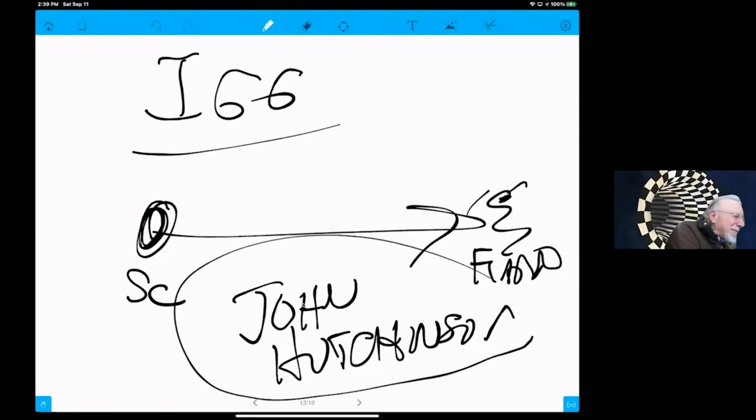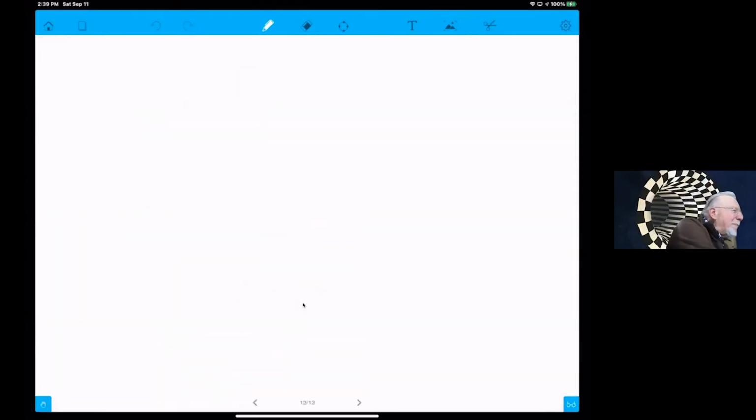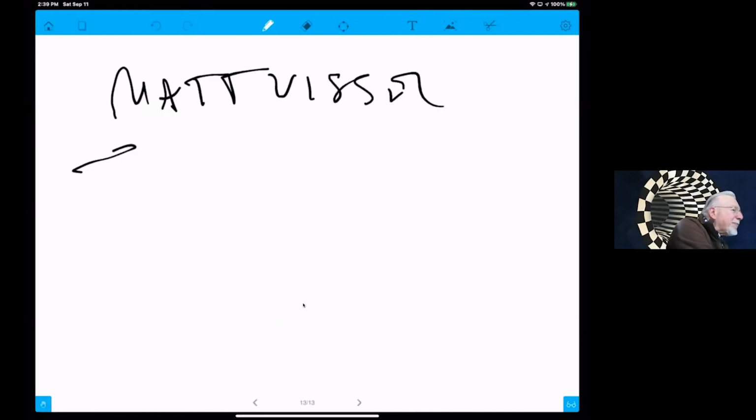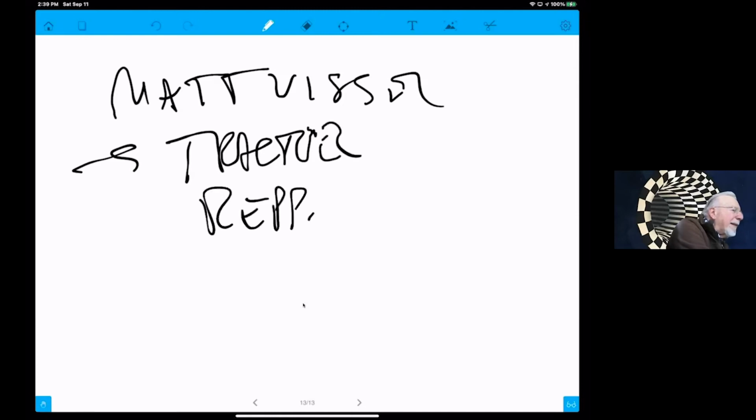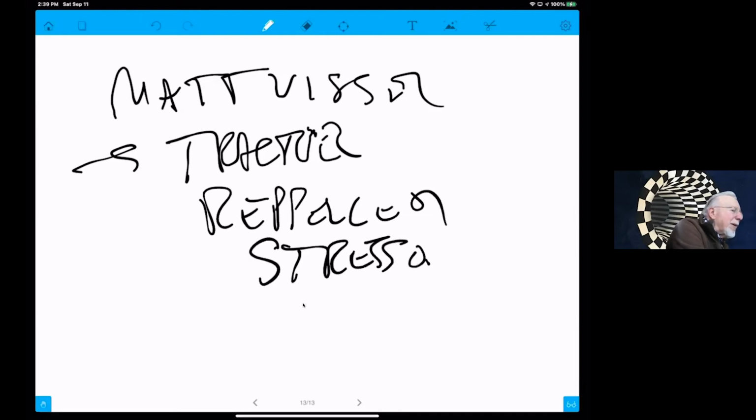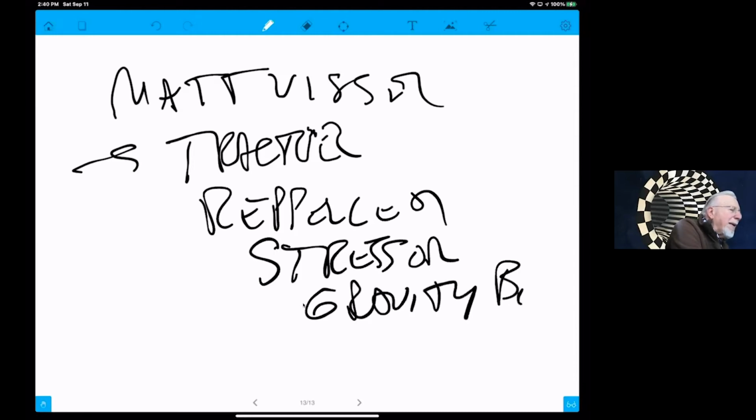And then you also have Matt Visser. He has tractor beams, repeller and stressor beams, gravity beams. He has solutions from general relativity, but without my S field, they're weak, they're not strong.